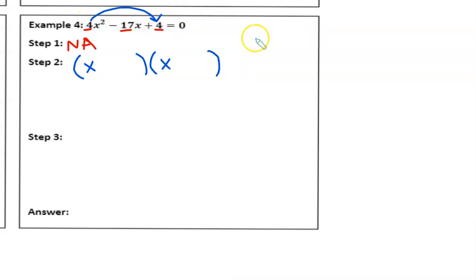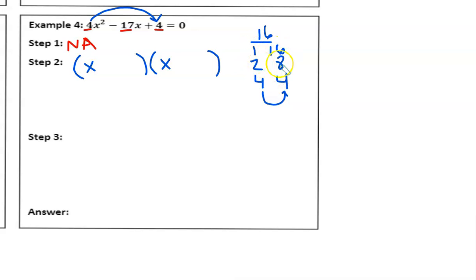I got 4 times 4 is 16. So 1 times 16, 2 times 8, 3 doesn't work, but 4 times 4 works. And then I'm done because it wraps back up. 4 times 4, 8 times 2, 16 times 1.